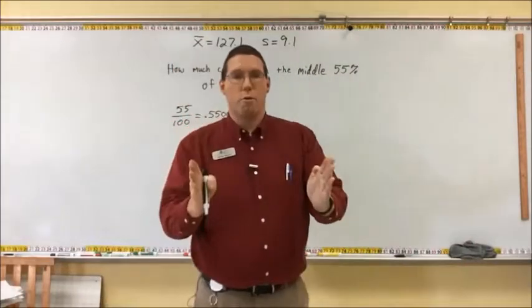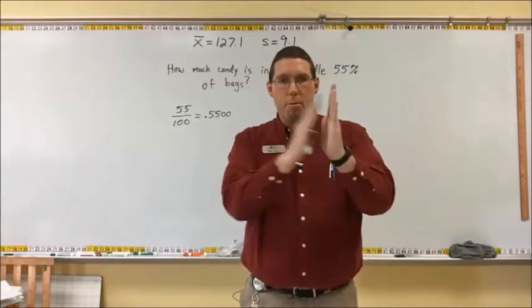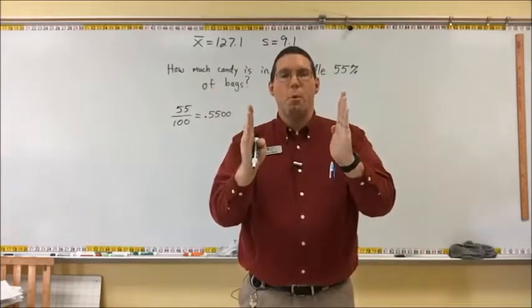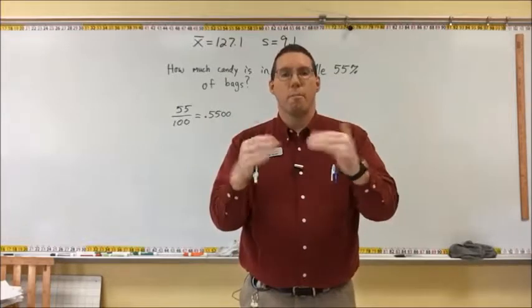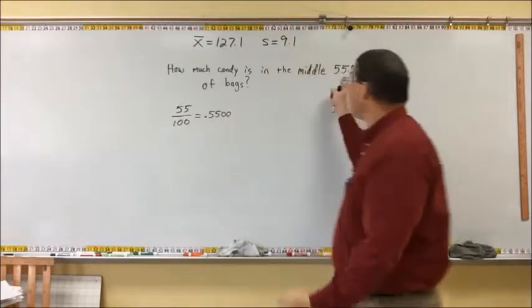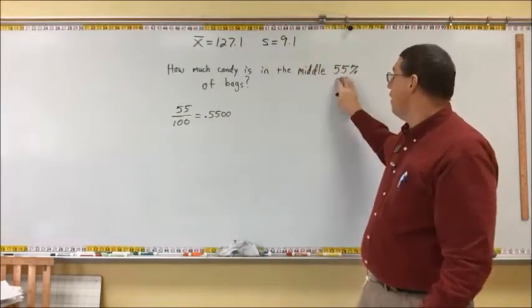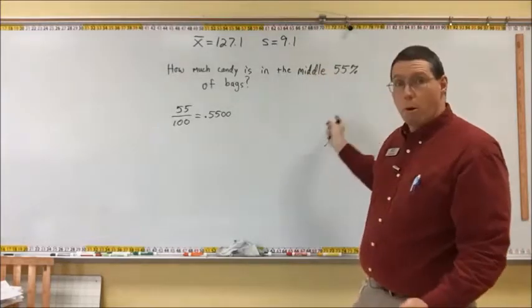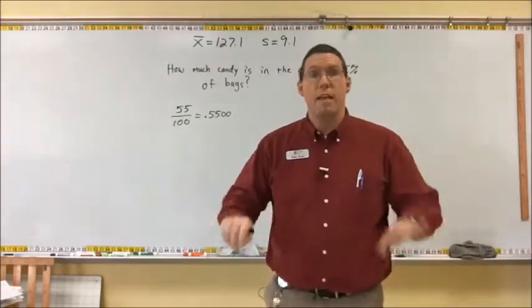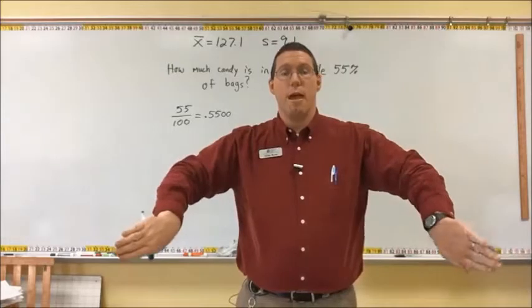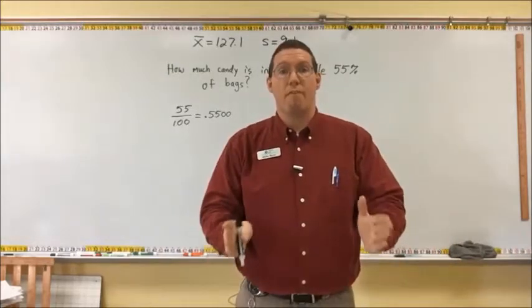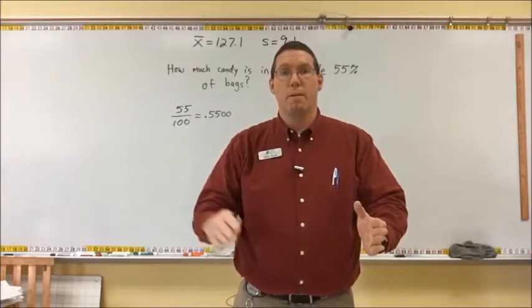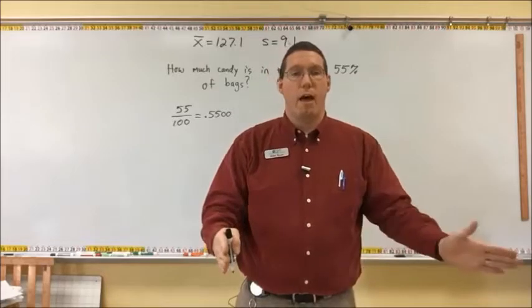Two cutoff scores. And so since the middle percentage is between them, we know that whatever's left over, the percentage that's left over, which would be 45%. If 55% is in the middle, 45%, the rest of it, is in the two tails. And we have to split that 45% between the bottom tail and the top tail.